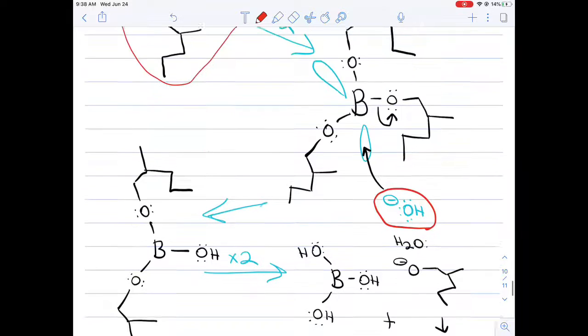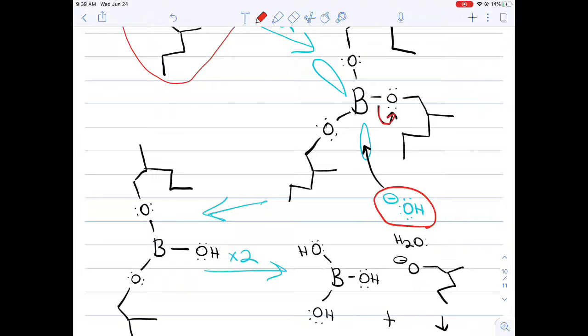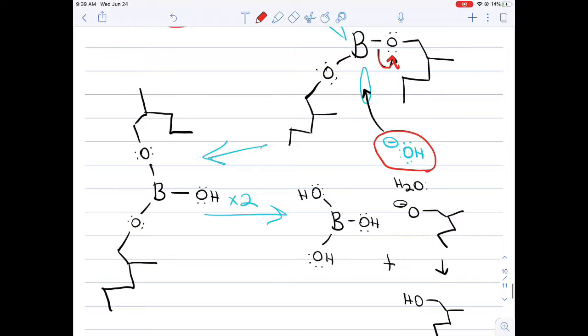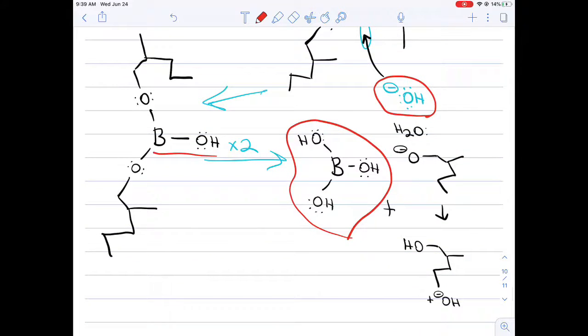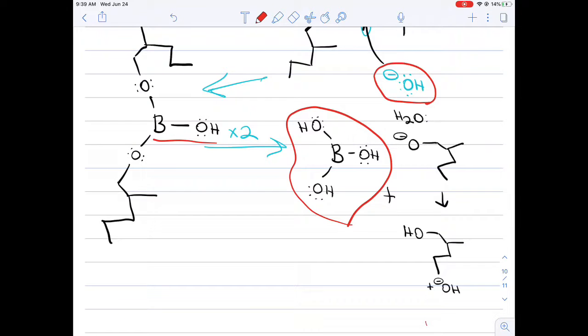And it's going to expel one of these groups here. It's going to form a BOH. This is going to happen 2 more times. Give you 3 BOHs attached to your boron. And your final products. Right there.